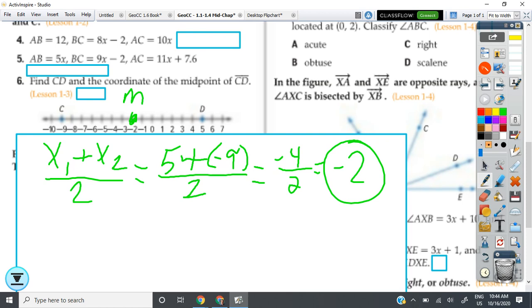Understood what to do. You made the equation. You plugged it in. You solved it. Or the plan was, you understood what they were talking about, midpoint. The plan was you used the right formula. Then you solved it. And then to check it, to make sure it's right, the only way to check it is to graph it. And if you wanted to, you could do this double count thing where you count 1, 1, 2, 2, make sure it's in the middle.